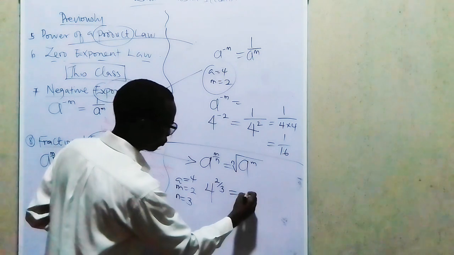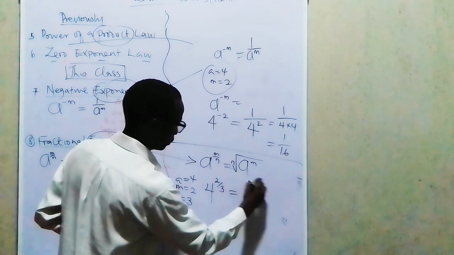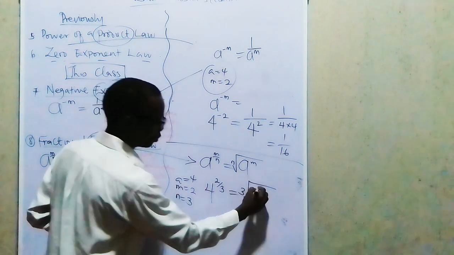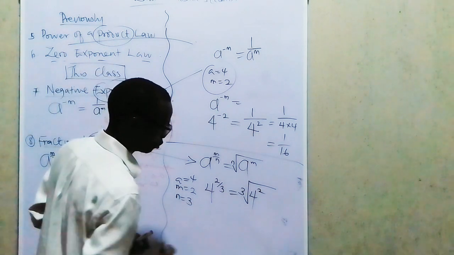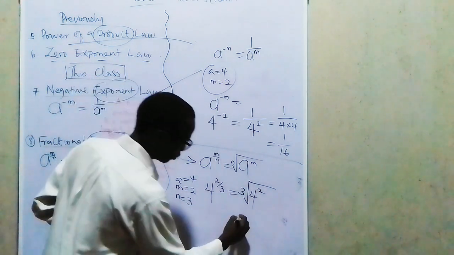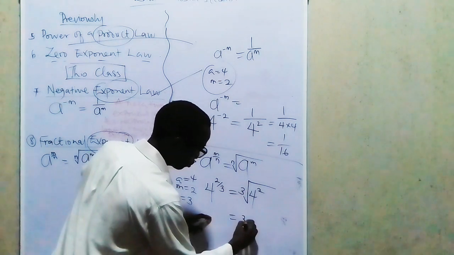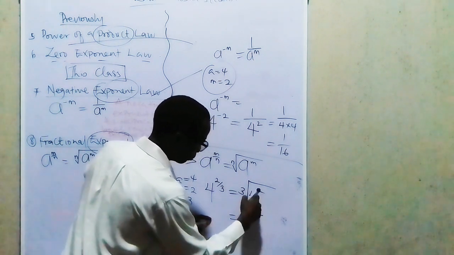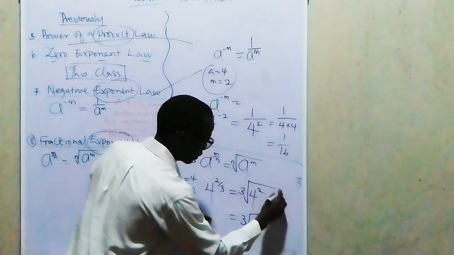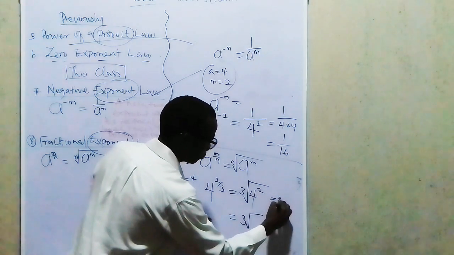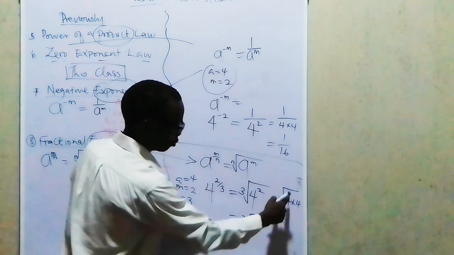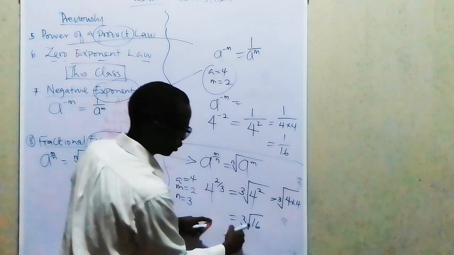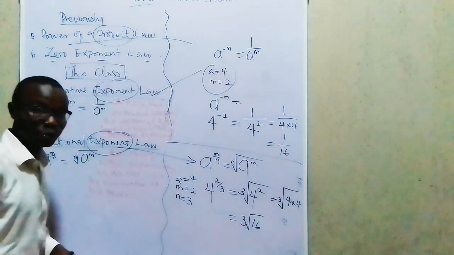What you have is going to be the cube root of 4 raised to the power of 2. If I am to solve this, it's going to be the cube root of 4 raised to the power of 2, which is the cube root of 4 times 4. So 4 times 4 is going to be 16. So the cube root of 16 is what we're going to have.